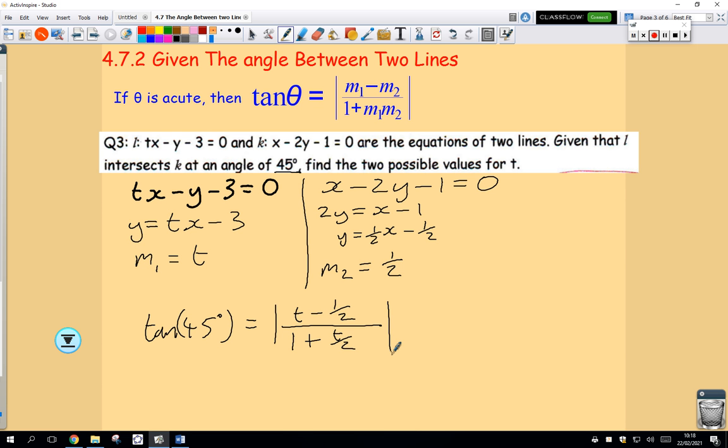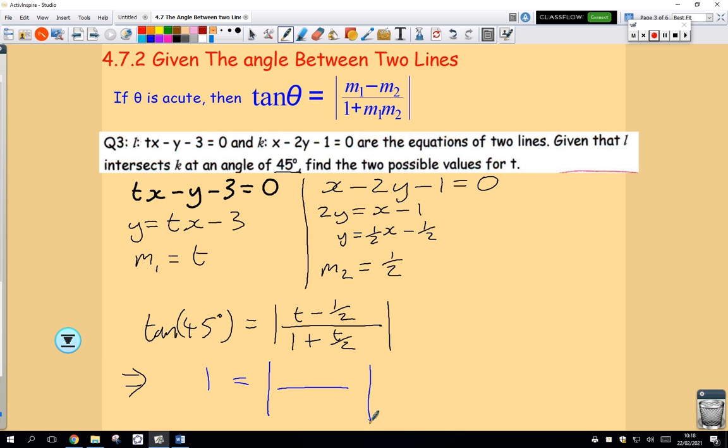A couple of things in here. One thing I know, tan of 45, we should know that. That's a special angle. You should really know that tan of 45 at this stage is equal to 1. If you don't, you can use your calculator. The other thing, I don't really like these complex fractions, fractions within fractions, so I'm going to get rid of all the fractions in this big fraction.